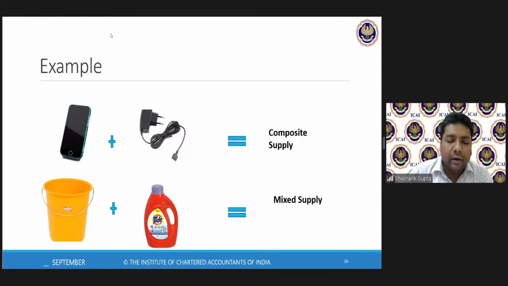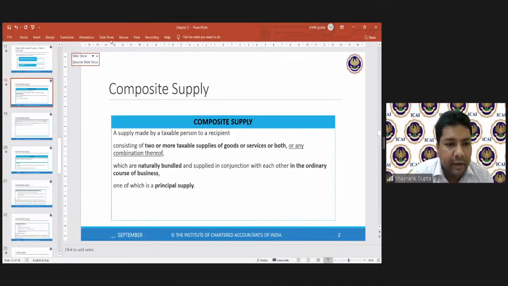We'll come to works contract. We'll be doing certain examples around Schedule 2, and since works contract is specifically covered in that Schedule 2, we'll take that up there. So I believe we've addressed all the queries around composite supply and mixed supply.